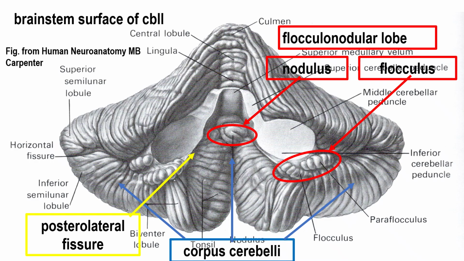The remaining part of the cerebellum, excluding the flocculonodular lobe, is called the cerebellar body, or the corpus cerebelli, as mentioned earlier. The cerebellar body consists of the entire cerebellar vermis, excluding the nodulus, and the two large, well-developed cerebellar hemispheres.